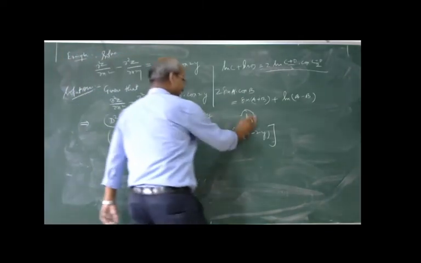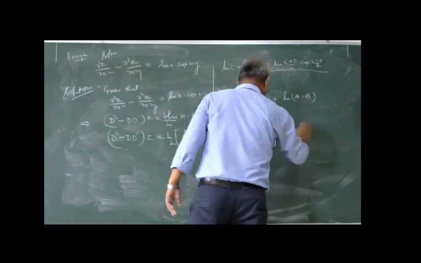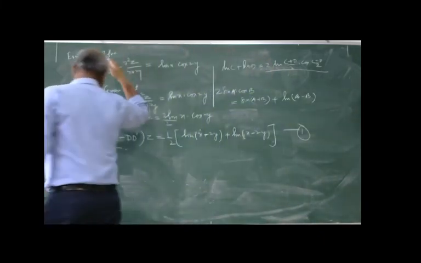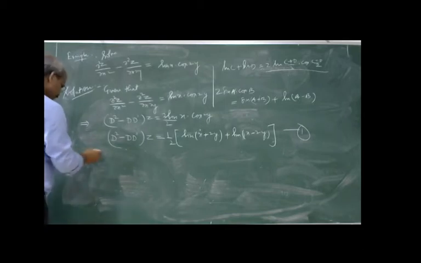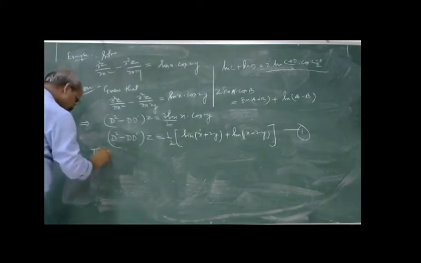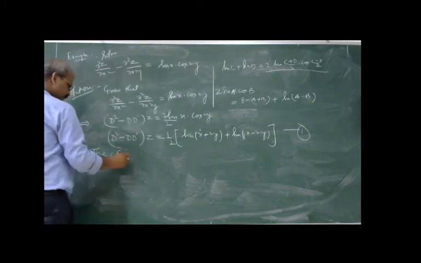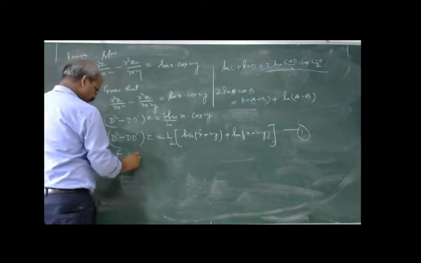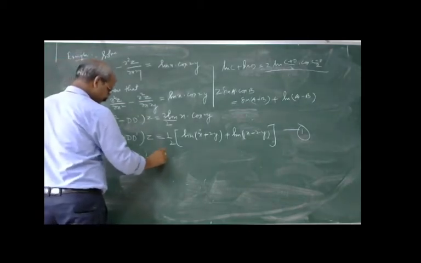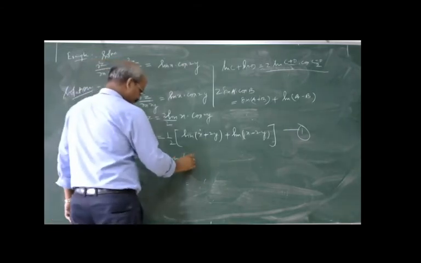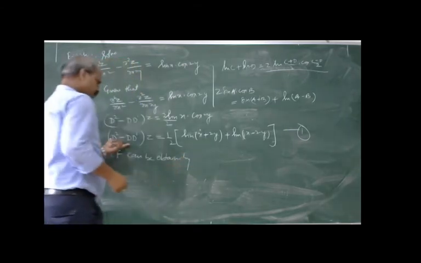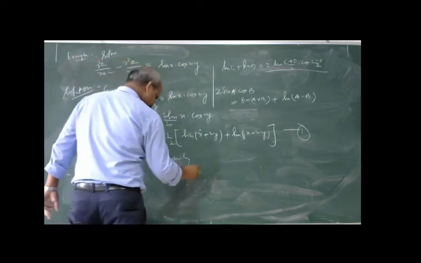So let us take this first. So the given equation changed to this form. So now the CF can be obtained by the auxiliary equation this way.